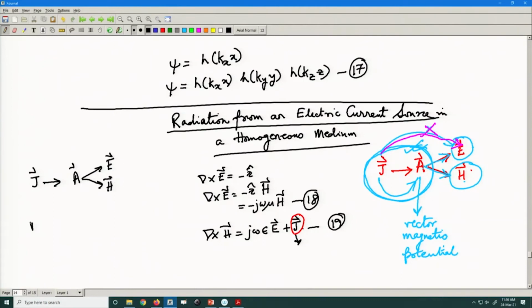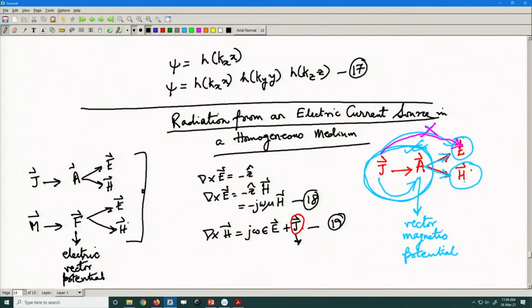If we have a magnetic current source, we calculate the electric vector potential F, and from there we find out E and H. So, these are the two distinct steps used to find out the electric and magnetic field for the case of the electric current source and the magnetic current source.